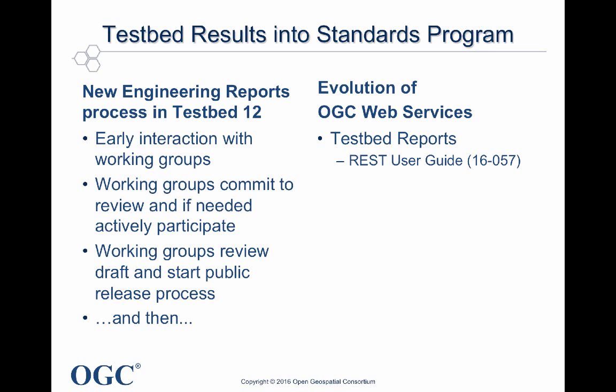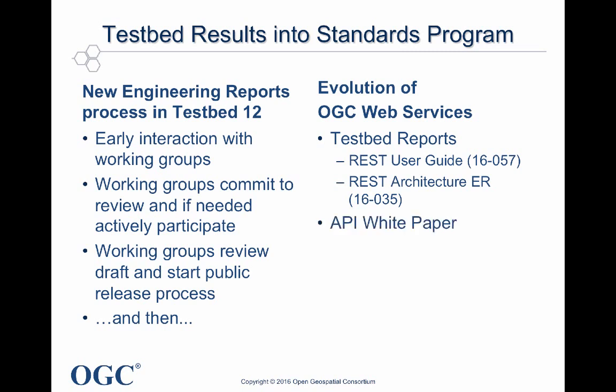Within REST, one of the key essential first steps is to identify the resource types, the names of your resources. If you look at that document, 16-035, the OGC number for that document, you will find such a comprehensive list of resources identified in that architecture document.